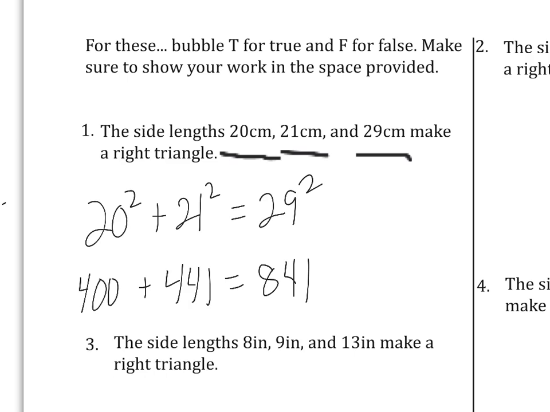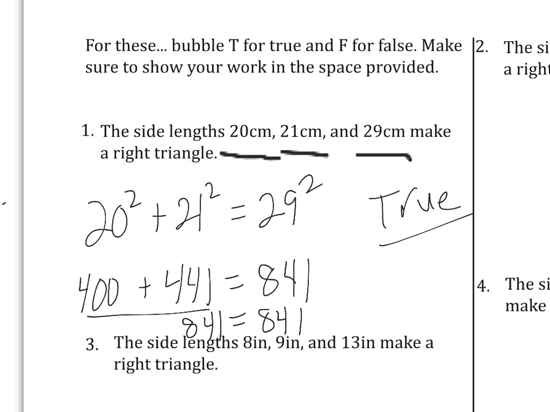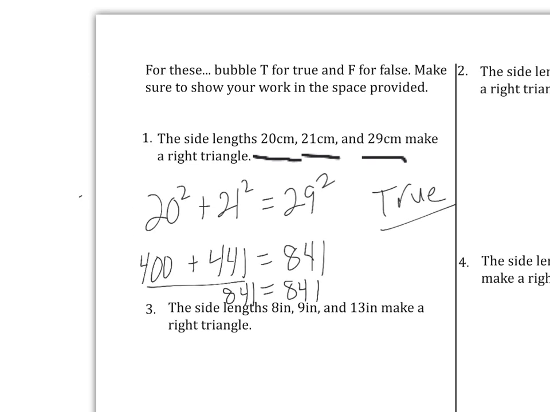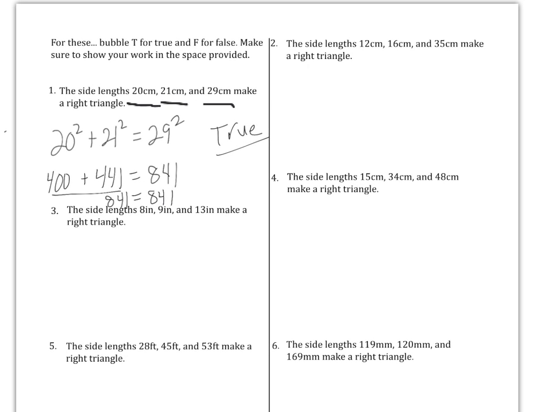Now for this to be true, when I add these two numbers together, it has to equal the third one. And most of you can do mental math there. That does in fact equal 841. So this one is true. It is in fact a right triangle. Yes, this first part is that easy.